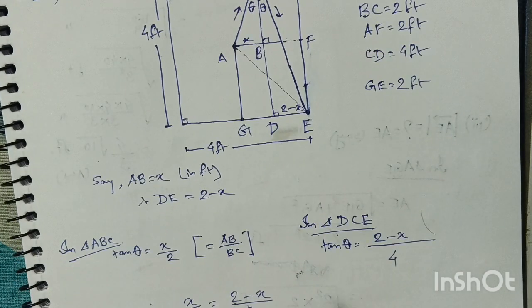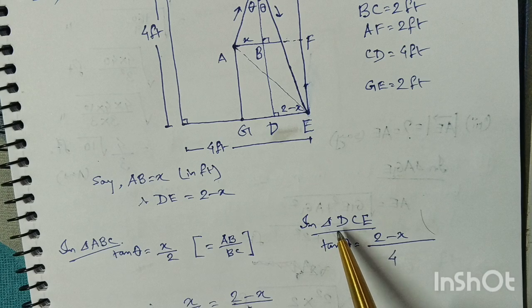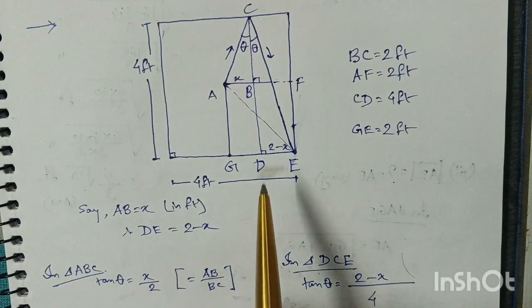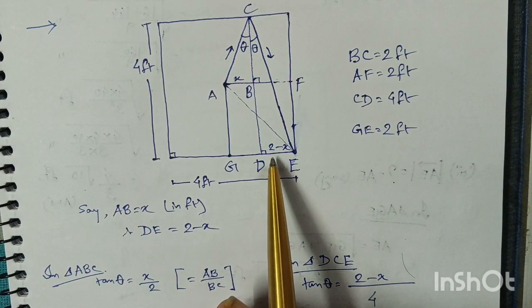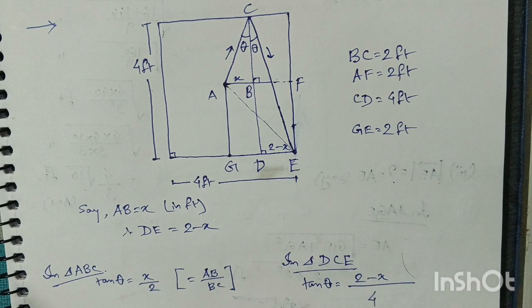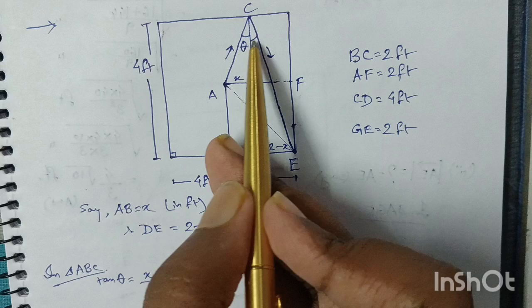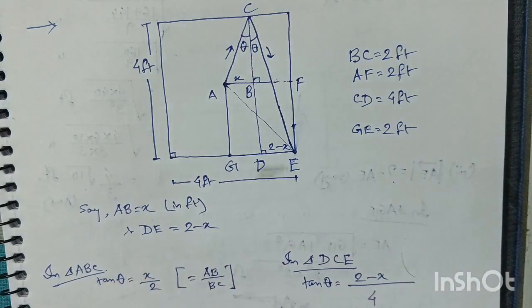Whereas in the triangle DCE, tan theta is equal to 2 minus x over 4, as you can get from the figure. This angle is theta, and this angle is theta during rebound.